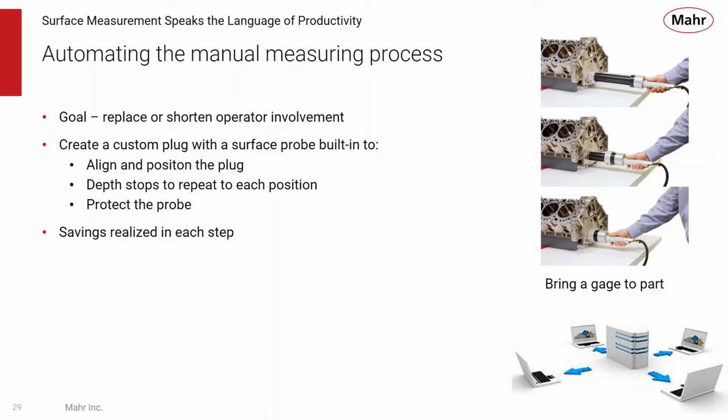There are depth stops to position it properly at each depth, and in all measurements the probe is retracted and protected while it is positioned to the next land that it has to measure. So again, savings is realized by the simple placement and ease of use to the operator.